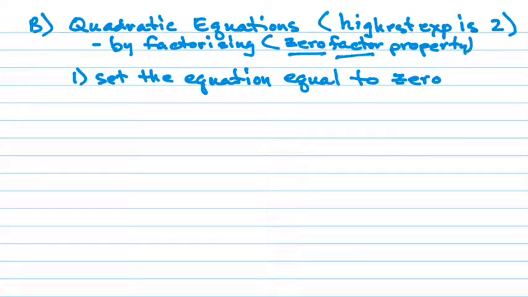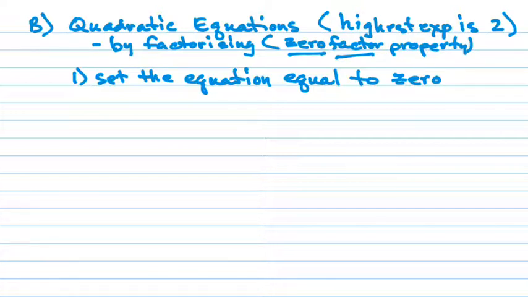Your second step is to factor it. So, mathematicians aren't very clever when they name things. They name it by what you have to do first and what you have to do second. So, zero factor property. Set it equal to 0, then factor it. Sorry, I just find that amusing. So, set it equal to 0.